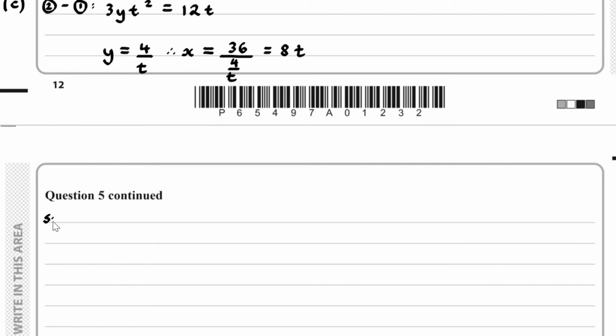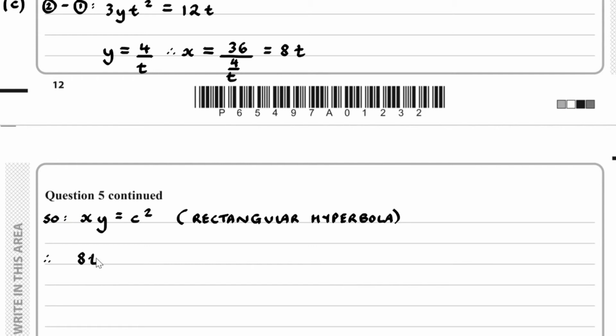So we have xy equals c squared. This is for a rectangular hyperbola. So we've got x, which is 8t, multiplied by y, which is 4 over t.